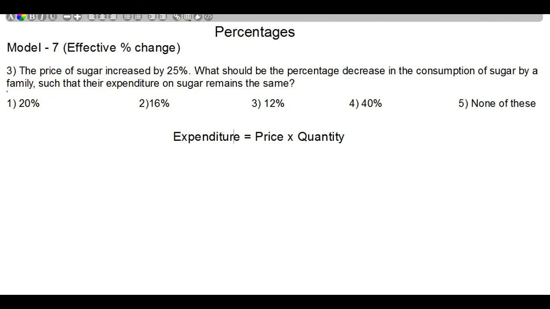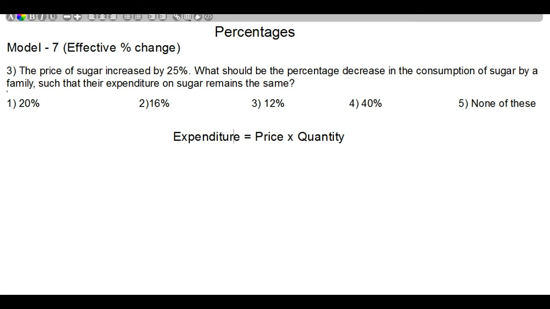For example, let's say that the price of sugar is 20 rupees per kg and the quantity that we have bought is 5 kgs. So the expenditure will be 20 into 5, that is equal to 100 rupees. So expenditure is nothing but price into quantity. If you try to understand, expenditure is same as revenue. Revenue also is price into quantity as discussed in the previous example.